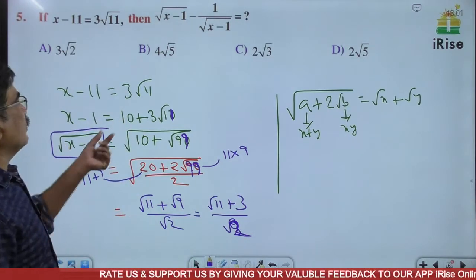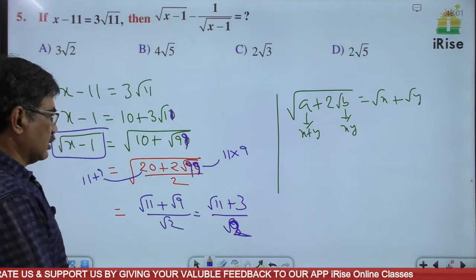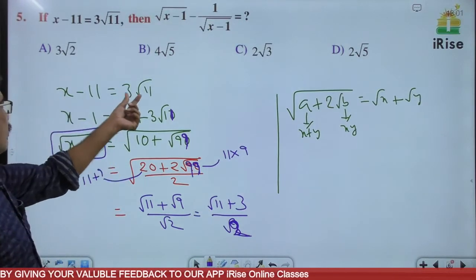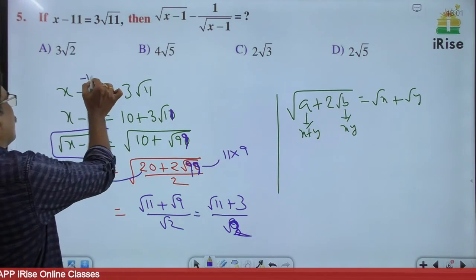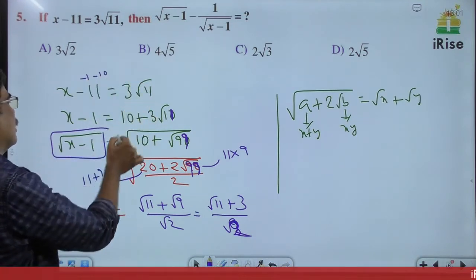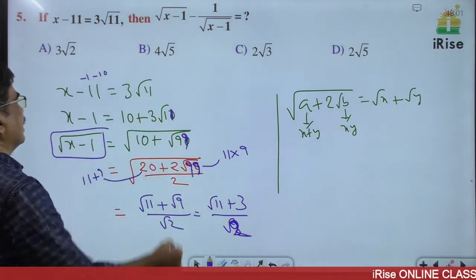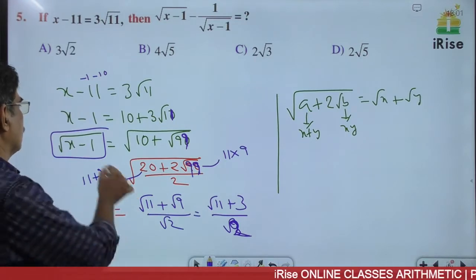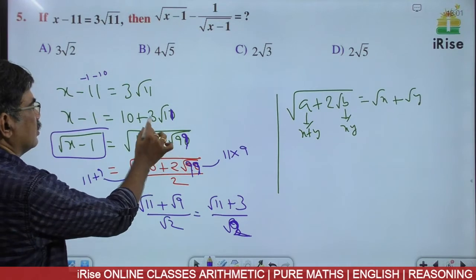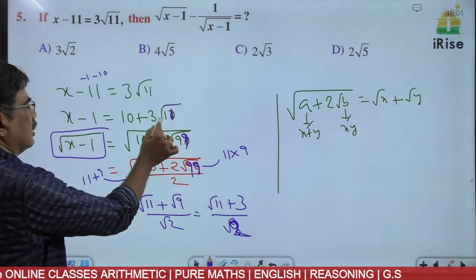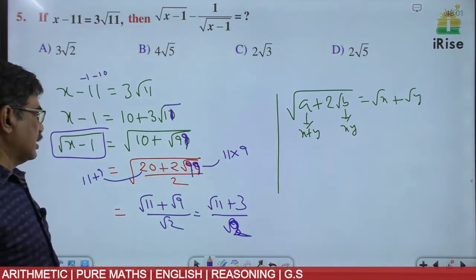If this is root of x minus 1, then what about the question? Once again, listen: x minus 11 is 3 root 11. I want to write this as minus 1 minus 10. Minus 10 is transferred. x minus 1 is equal to 10 plus 3 root 11. Root of x minus 1 is equal to root of 10 plus 3 transferred to the root, it becomes 9 into 11, 99.